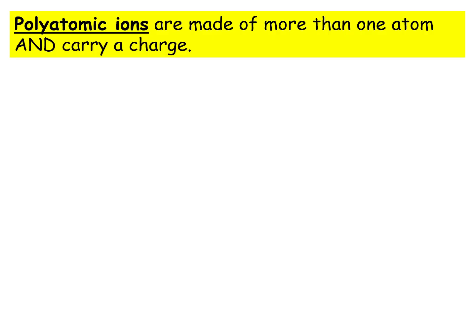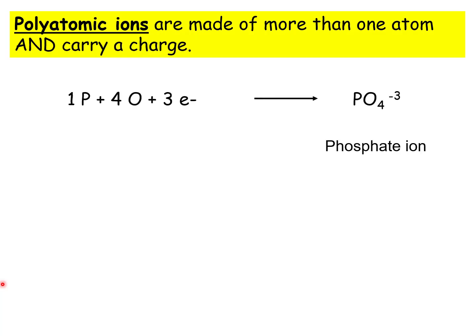All right, so like I said, we're going to extend out our formula writing with ionic compounds using polyatomic ions. So just like it says, it has many atoms. It also tells you that it's an ion, which means that it carries a charge. So for example, if you take 1 phosphorus and 4 oxygens plus 3 extra electrons, you get the phosphate ion.